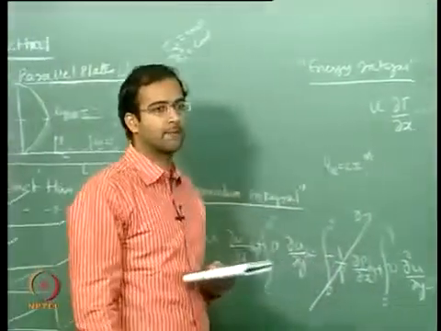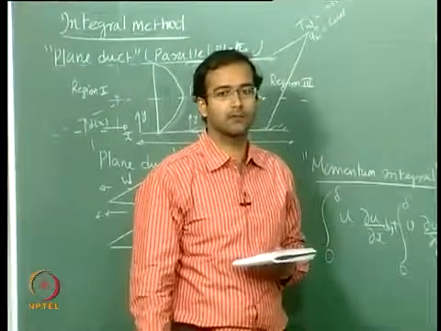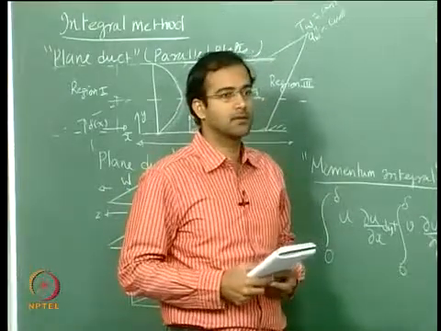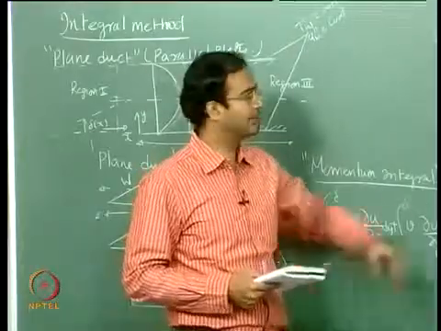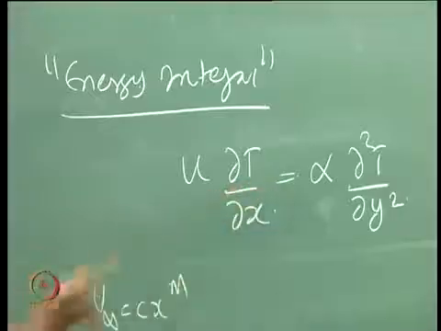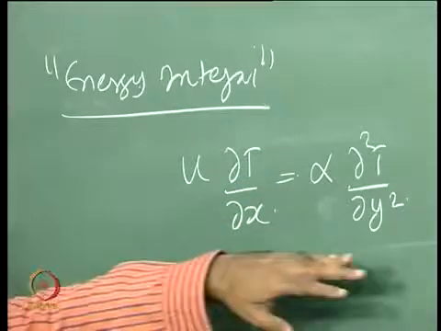We are neglecting the axial conduction term in comparison to the radial conduction, and also we are neglecting of course the radial velocities here. So these are some approximations with which we are writing the energy equation.